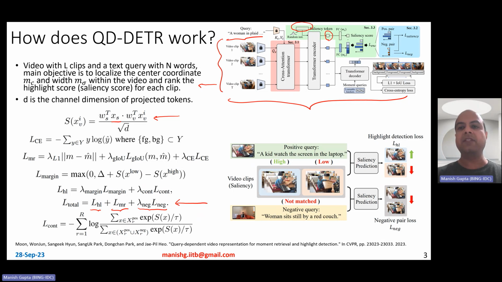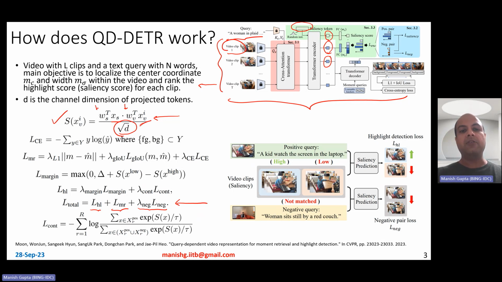And then similarly, you have these representations for various tokens in the video, and let's call those representations XVI, right? So the saliency of a particular video clip I is given by this formula. It's the similarity of XS with XVI computed by doing these projections, normalized appropriately, where D is the channel dimension of these projected tokens.